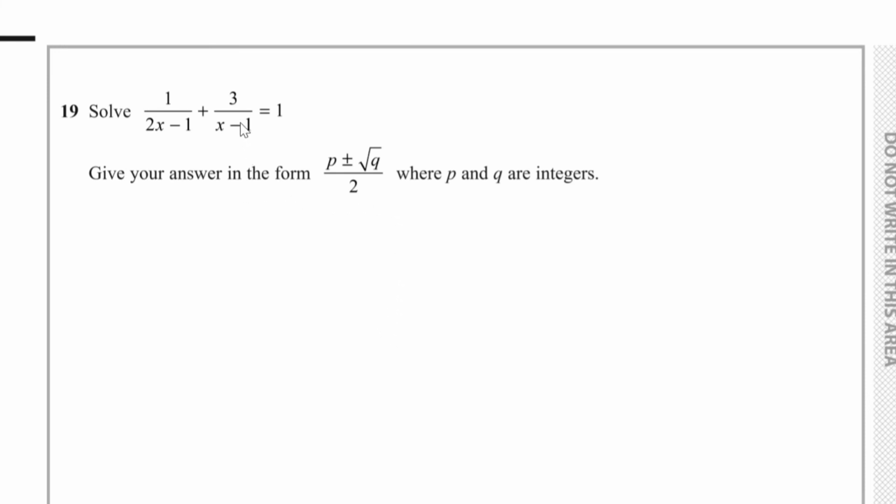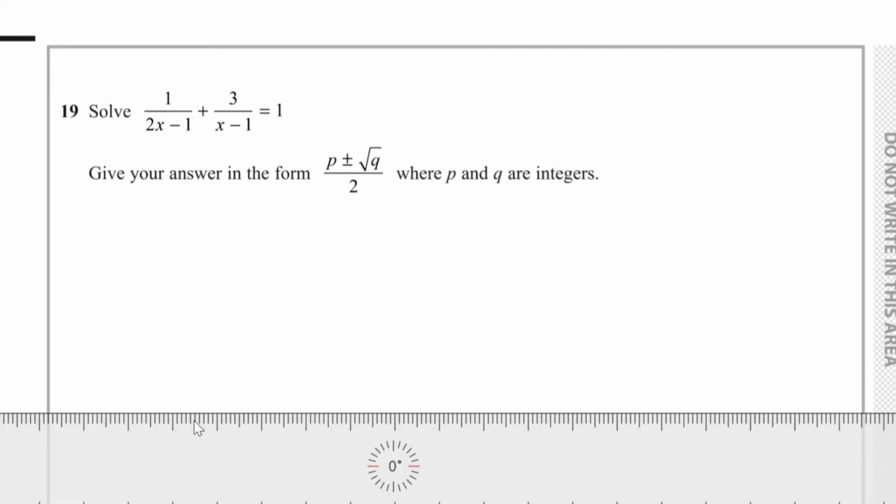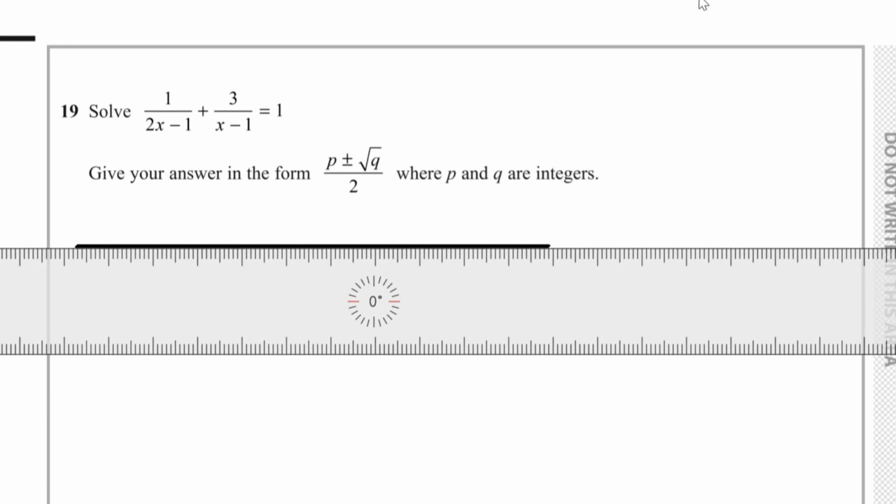Question number 19, we have to solve 1 over 2x minus 1 plus 3 over x minus 1 equals 1. We have to give our answer in the form p plus minus square root q over 2. Well, what we can do is rewrite these over a common denominator.